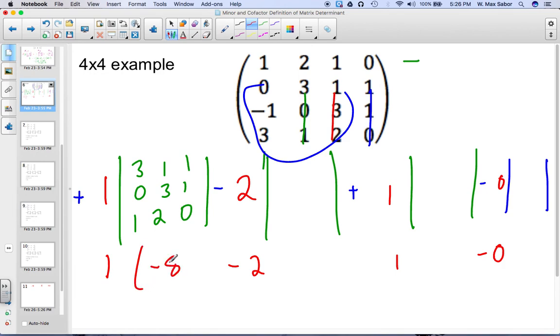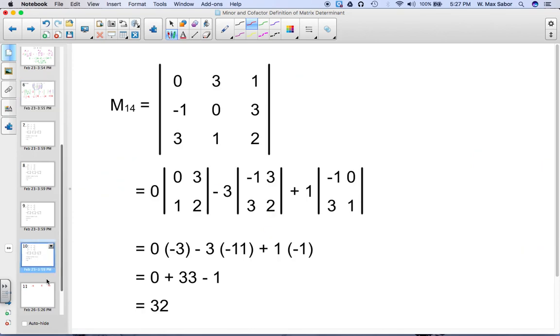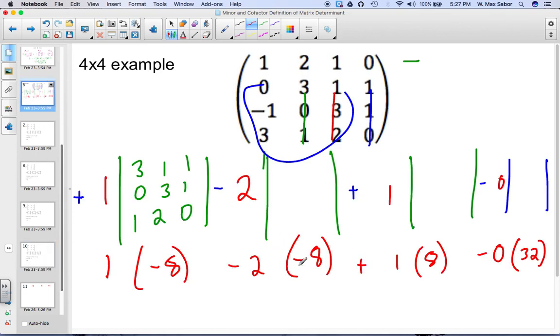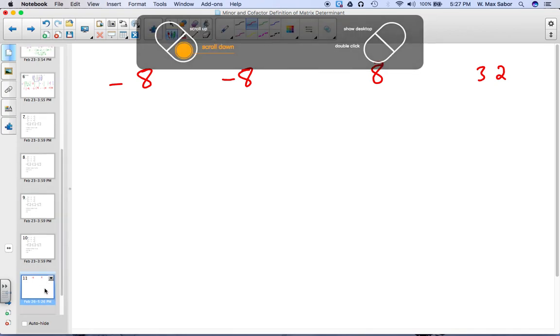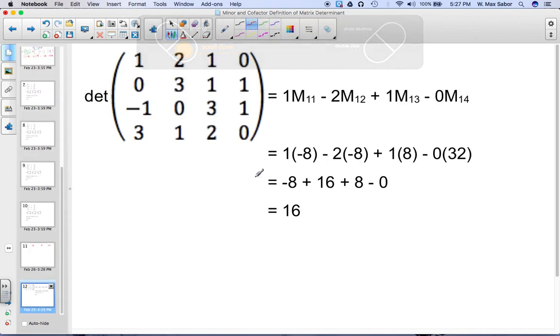We're going to put in negative 8, 8, and what was it, 32 or negative 32? I forget. Positive 32. Yeah. So then we calculate this, and what we get is 1 times the first minor, negative 2 times the second minor, 1 times the third minor, negative 0 times the fourth minor. Add those up, and we get the determinant is 16.